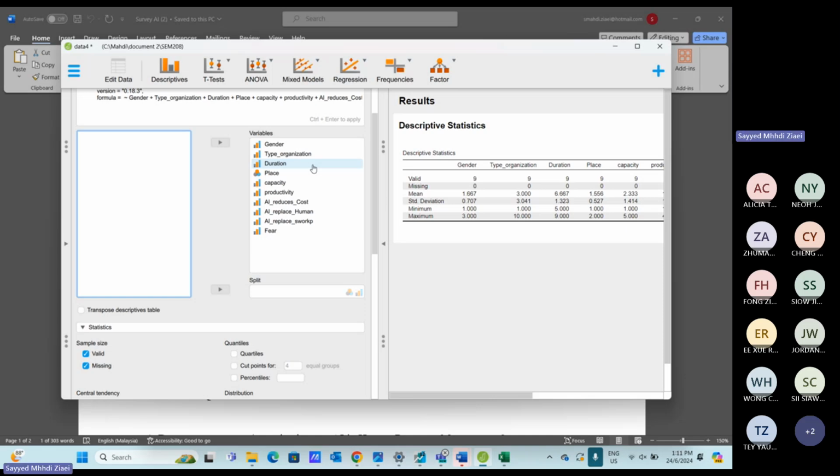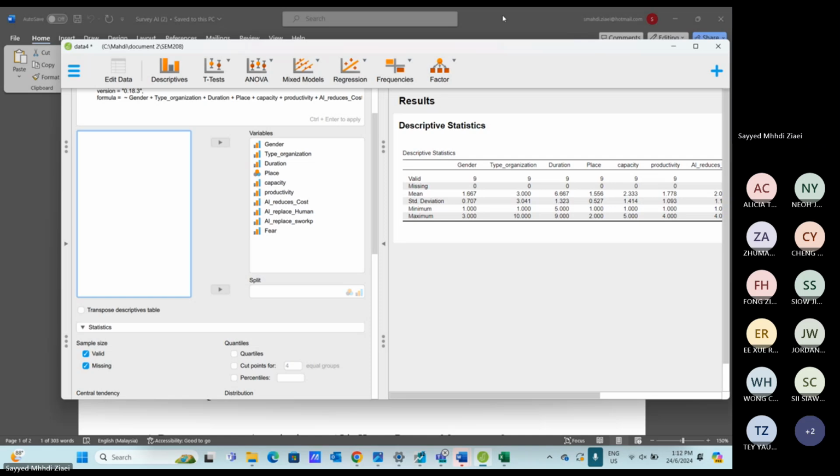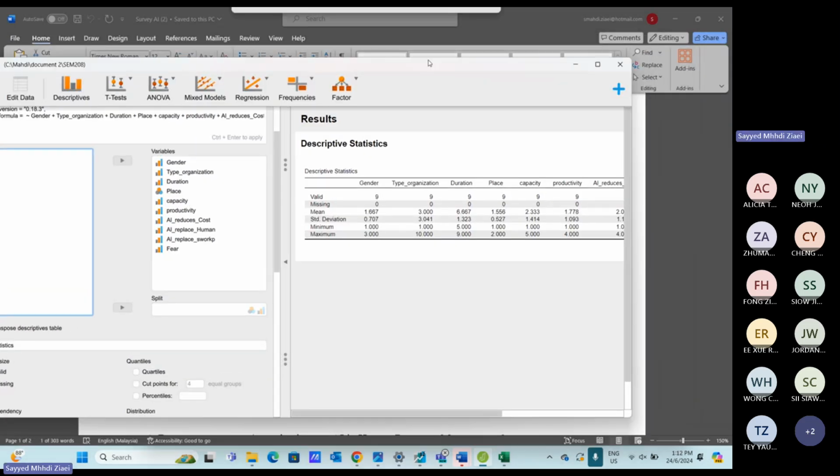And then the result pops up. You can find the result, descriptive statistic. Again, as I mentioned earlier, you should have descriptive statistic.